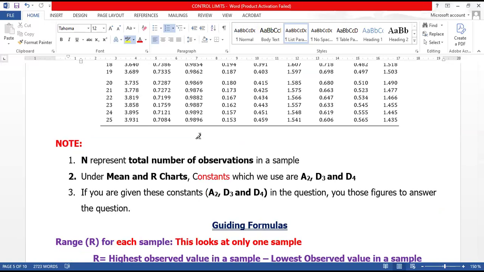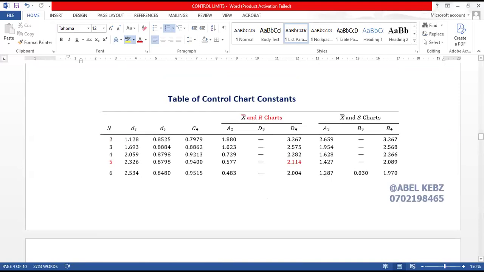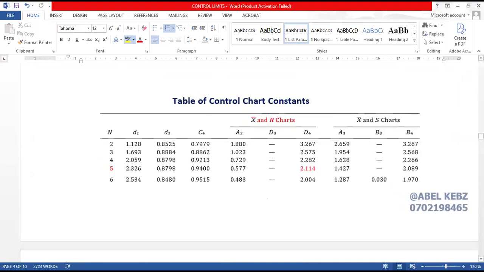Or if you're a data collector, what are you actually observing? Okay, from your samples, what are you collecting? So you need to know what is the sample, what is the observation. Sometimes the examiner will not be clear. Now, in an exam, if you're given a table, you need to know how you can read the table.